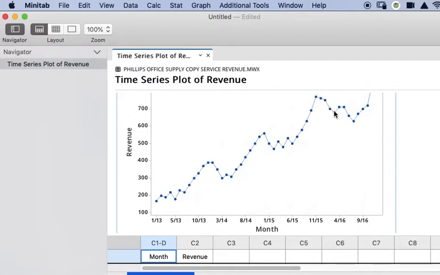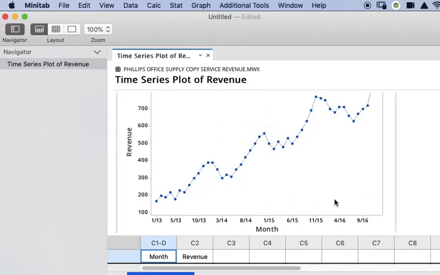So it looks like it's decreasing from about the end to the beginning of the year, maybe around January through April. And there are long periods of increasing sales through the end of the year. So we can see through the end of the year, the sales are increasing through those months.